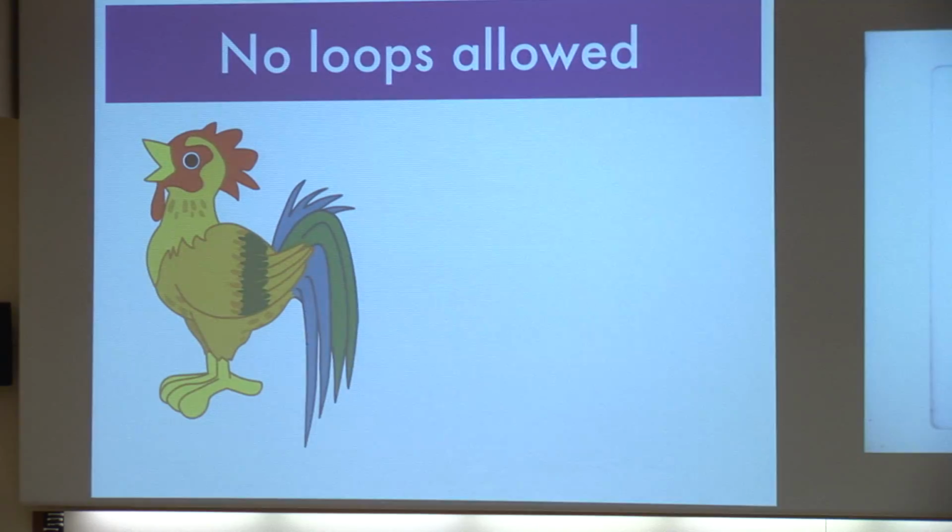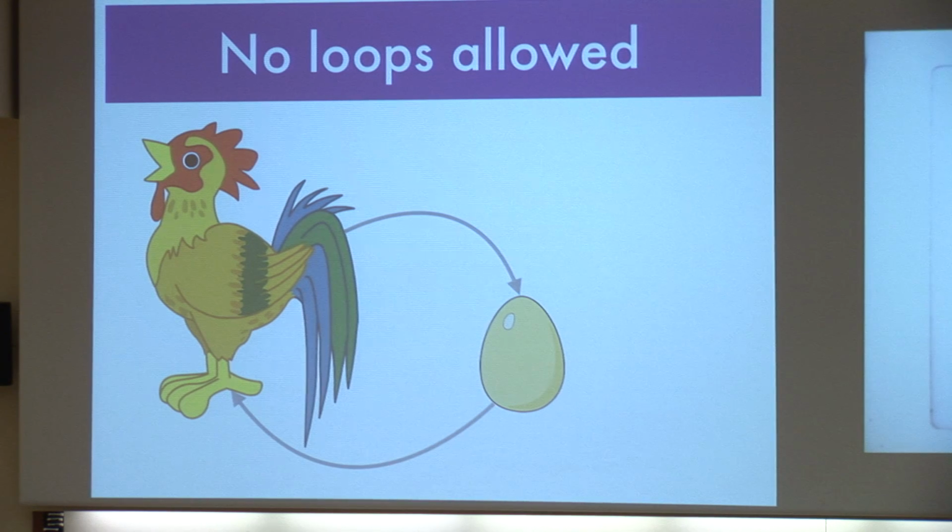Now, here's an important thing. So here's our chicken, not very anatomically correct, but prettier. And here's the egg. And so what happens? Chicken lays the egg, but the chicken hatches from the egg, right? And so there's this century old philosopher's dilemma: who came first, the chicken or the egg?